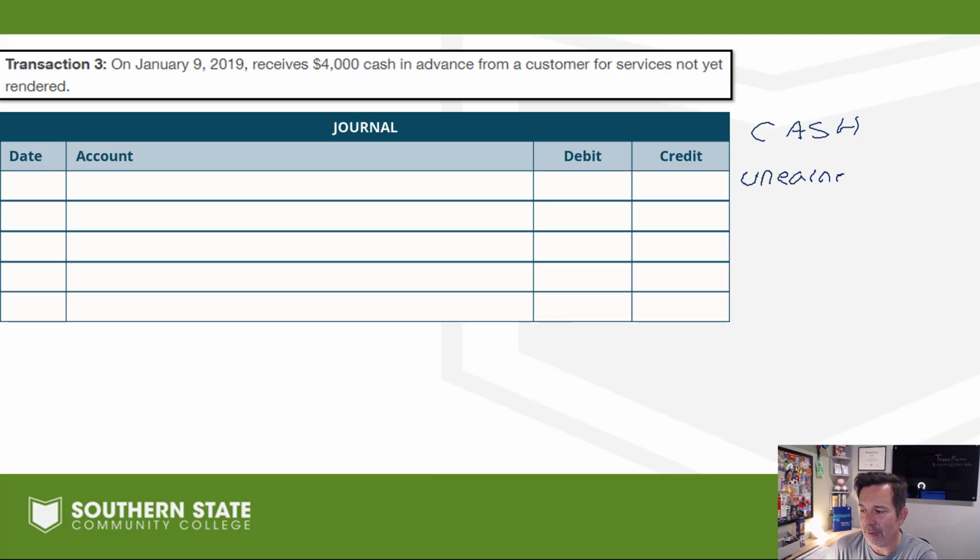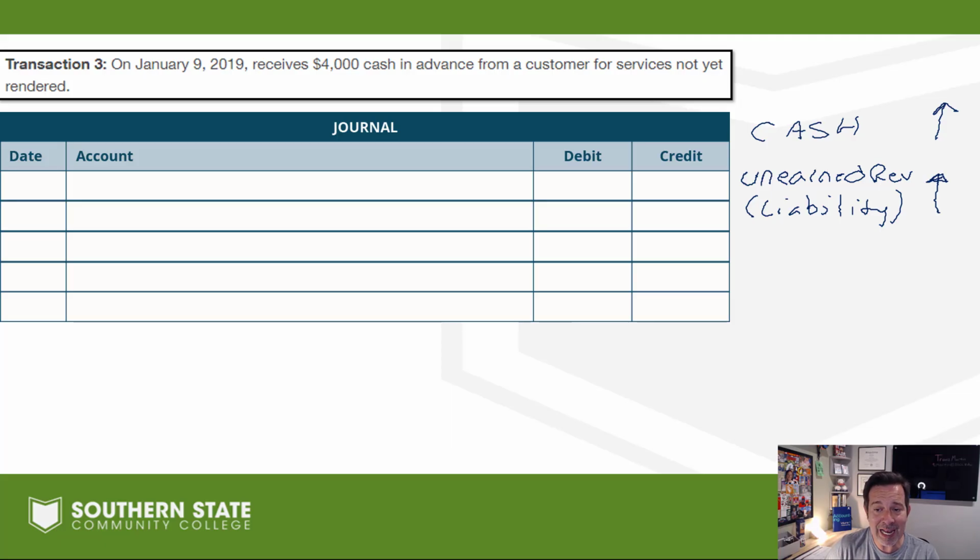It's our second account in play here. You might remember that is a liability account. We owe that customer either a product, a service, or we need to give them their money back if we can't provide it. $4,000 coming in the door, so cash needs to go up. The liability needs to go up to reflect the fact that we've taken money, haven't done anything for them.